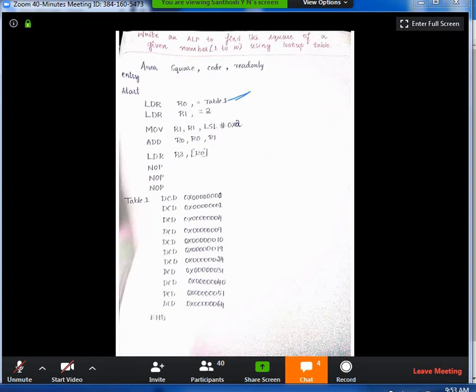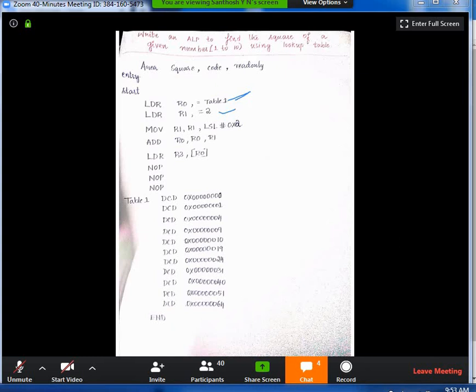We can load any number from 0 to 10, because we have all the data from 0 to 10 in our lookup table. Whatever number you are interested in finding the square of, you have to load it in the second line.